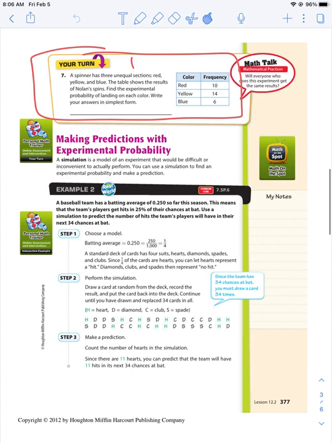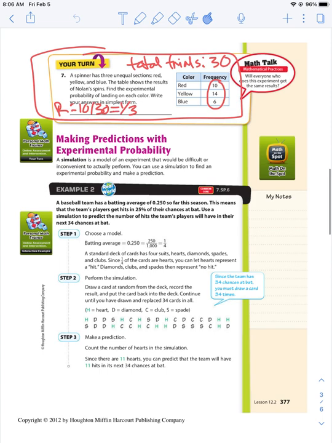First, we need to find the total number of trials. So total trials. And we get that by adding up the frequencies. So 10 plus 14 plus 6 is 30. There were 30 trials total. So the probability of spinning a red is 10 out of 30, or 1/3.